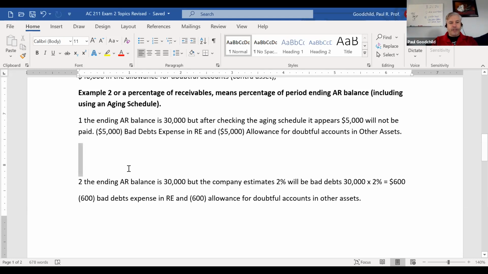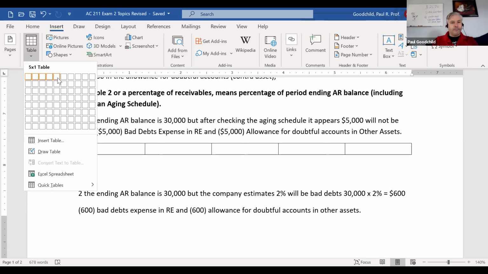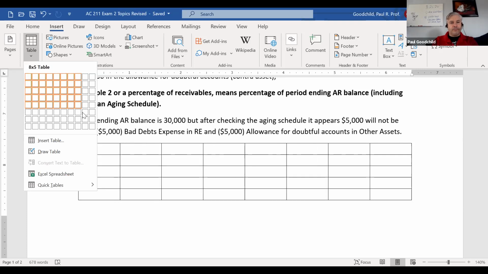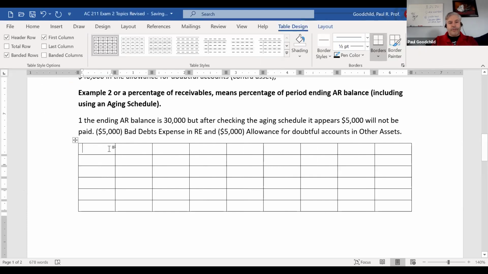Okay. So I'm just going to take a generic table I'm going to insert in here. Okay. So across your top row is essentially your days.